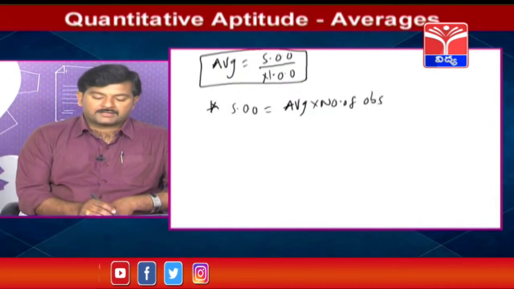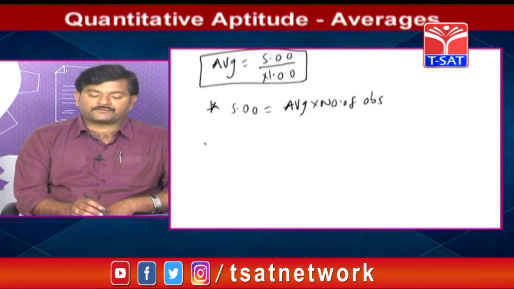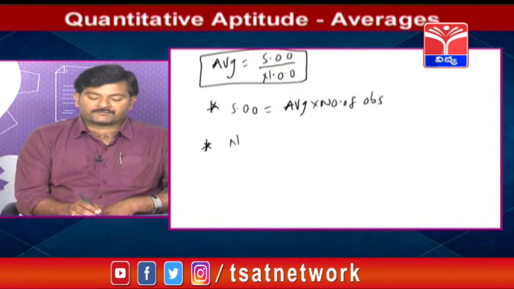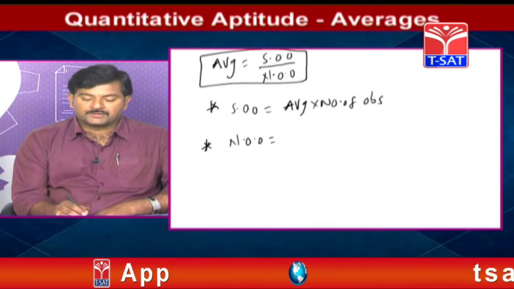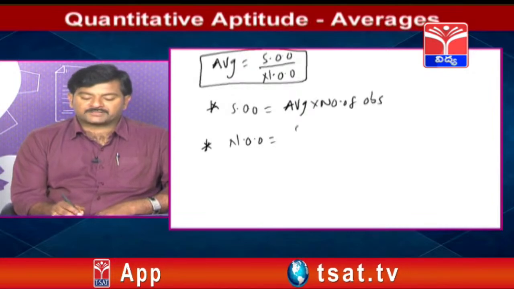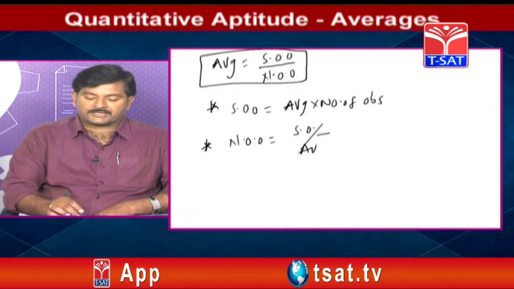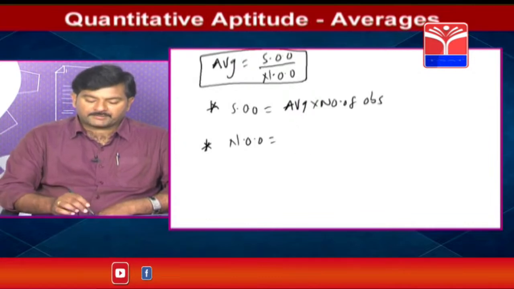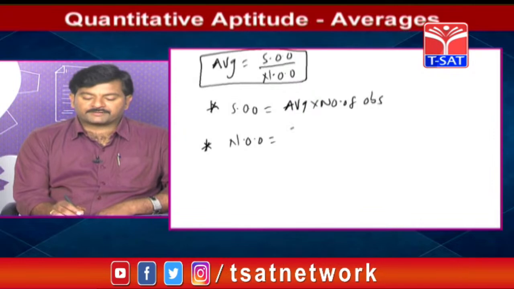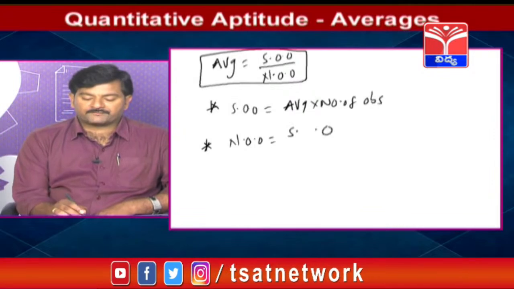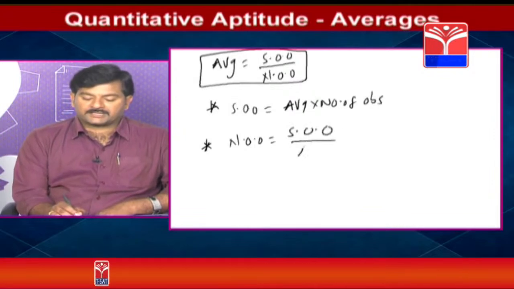Remember that. Again from this we can take one more formula. To find the number of observations, we write sum of the observations by average. I repeat, number of observations equals sum of the observations by average.